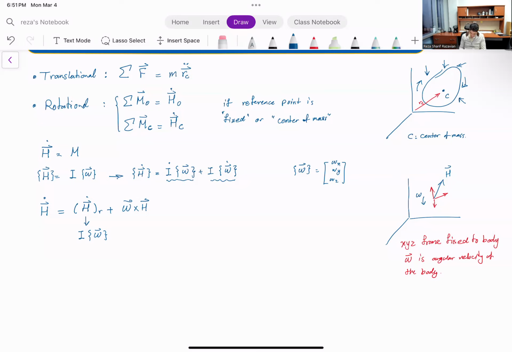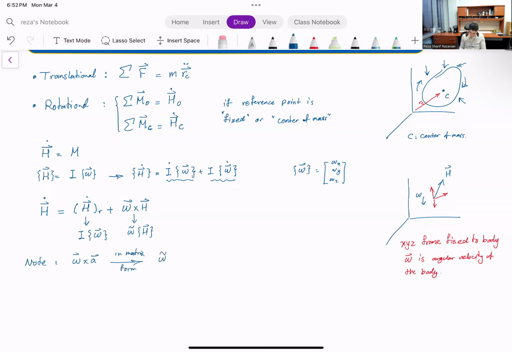What I can do to write it in matrix notation is omega tilde times my h vector written in matrix form. And remember what this omega tilde was. Let me add a note. Whenever you have omega cross a vector a, you can convert it to matrix form.